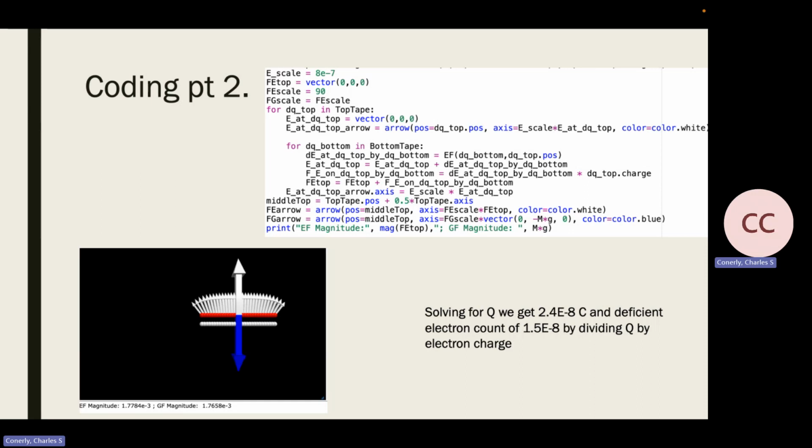As you can see, the charges kind of start to change direction as you move up and down the piece of tape, but they're all headed against the force of gravity in some capacity. And then we can see that when we solve for Q here, we get 2.4 times 10 to the negative 8 coulombs, and a deficient electron count of 1.5 times 10 to the negative 8 by dividing Q by the electron charge.